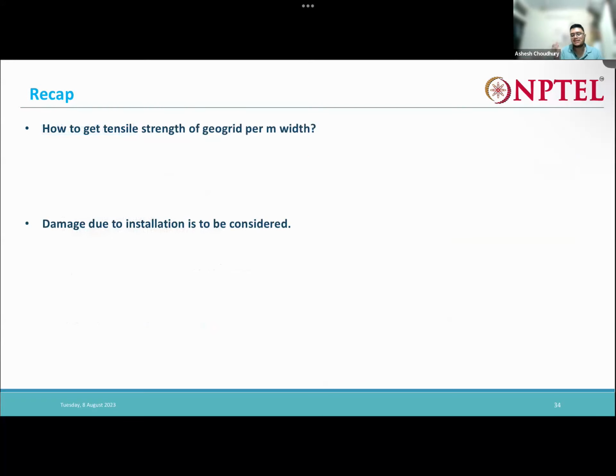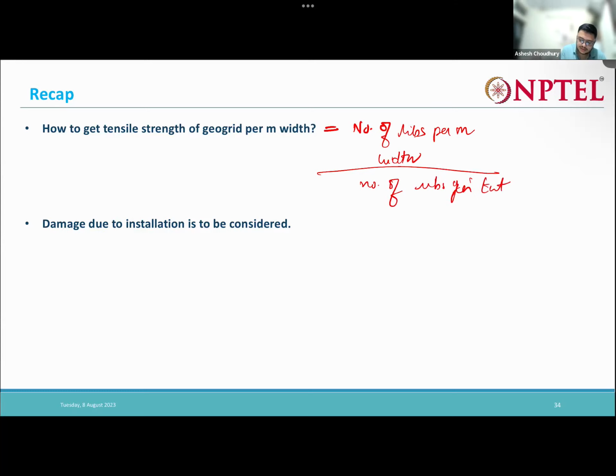From that load, how to get the tensile strength of the geogrid per meter? For that, the tensile strength is equal to the number of ribs per meter width, divided by the number of ribs in the test, multiplied by the peak tensile load.